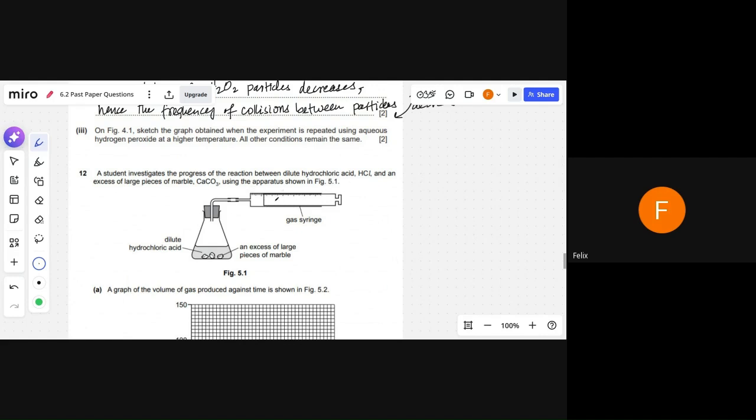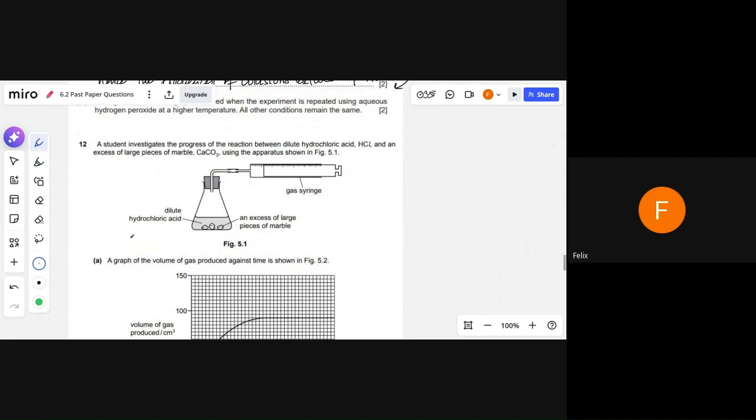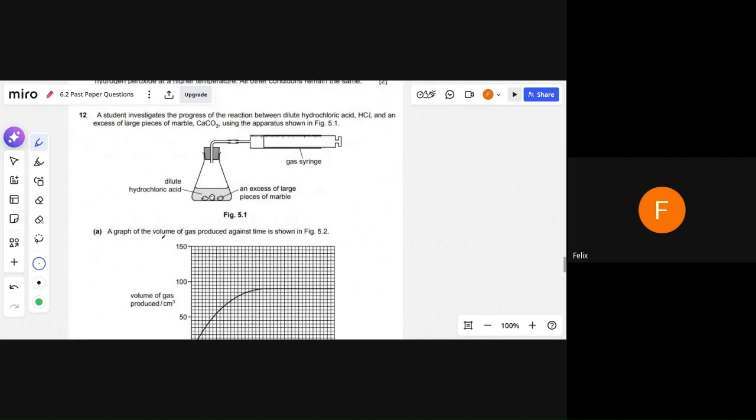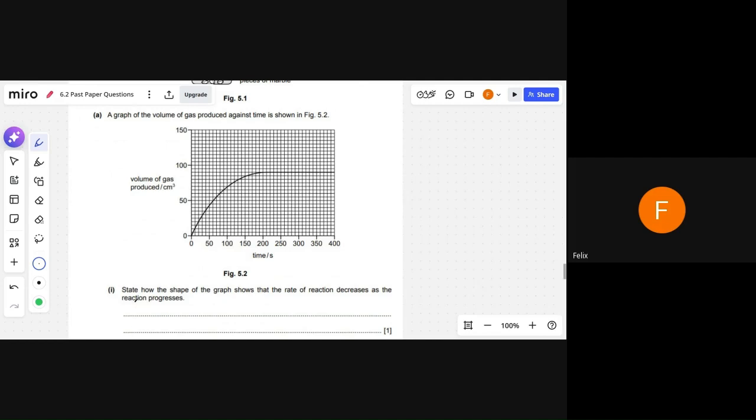Okay, this is the gas syringe, which I explained while answering the first question. A graph of the volume of gas produced against time is shown in figure 5.2. They haven't asked any question yet, they are just giving more data about the question.